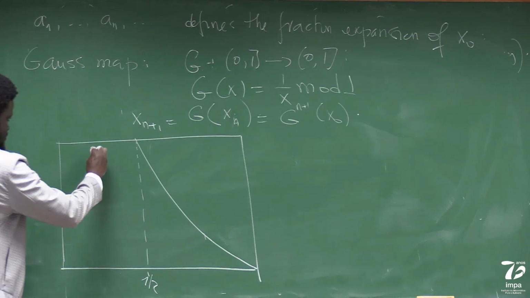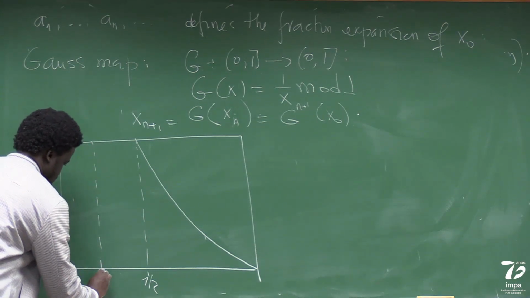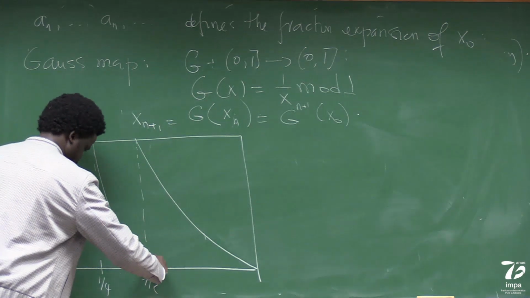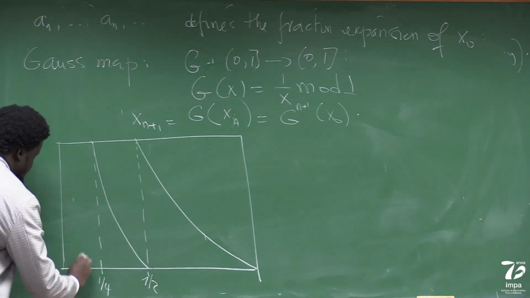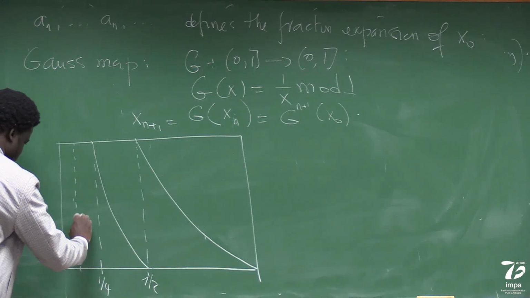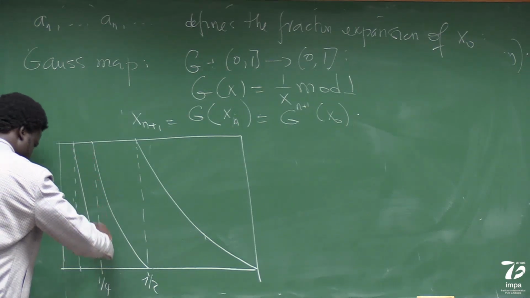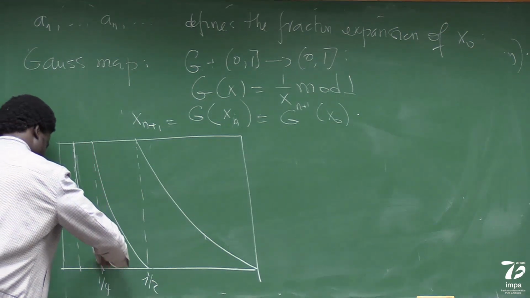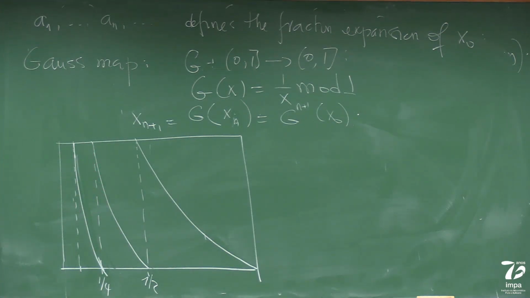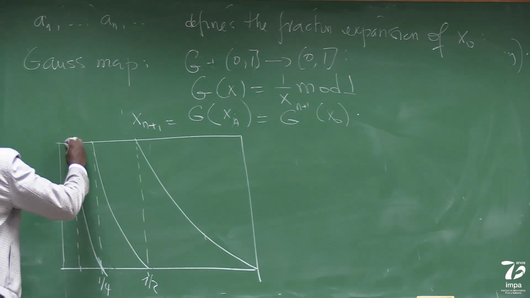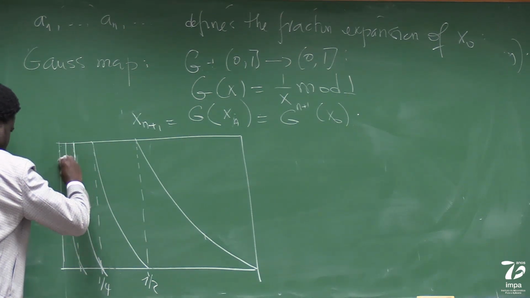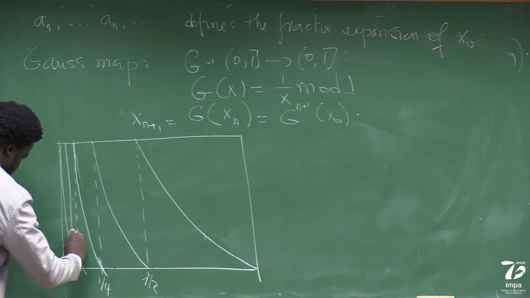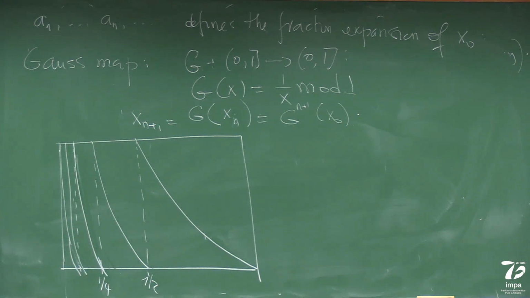And a quarter gets mapped to the whole thing also. Sorry, it's not linear. And so on. So you would have all these branches like this.